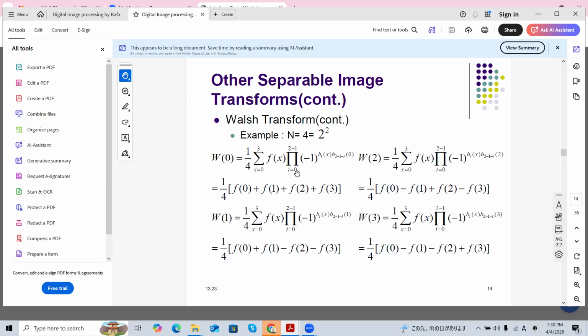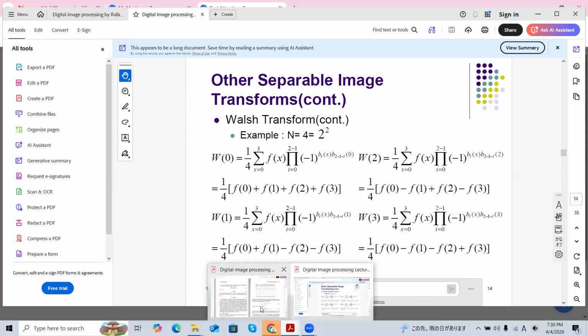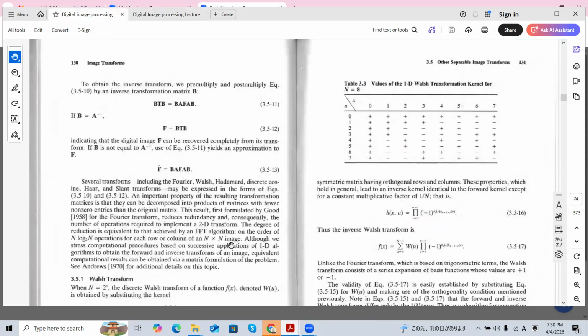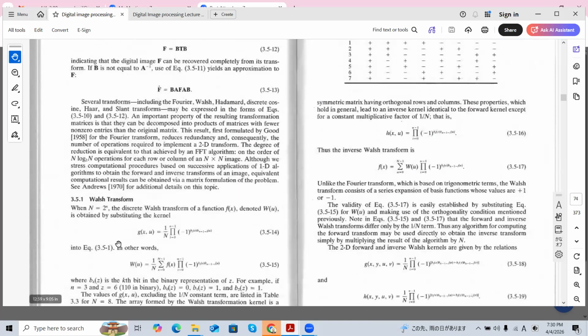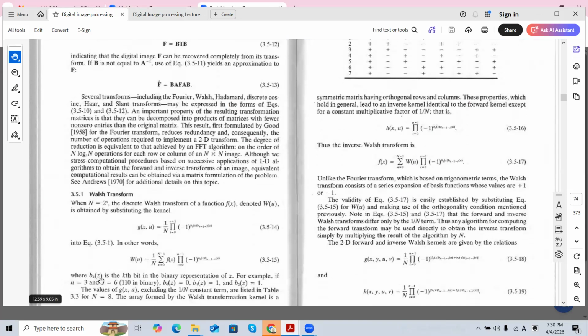What is the difference here? Here b_k(z) is the k-th bit in the binary representation of z.